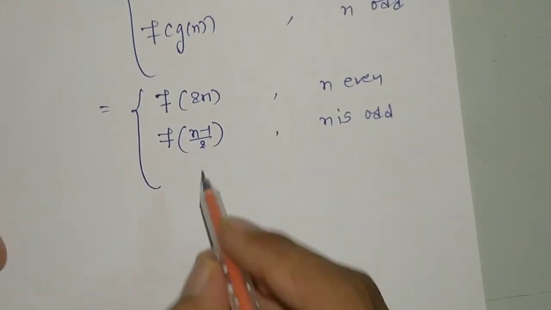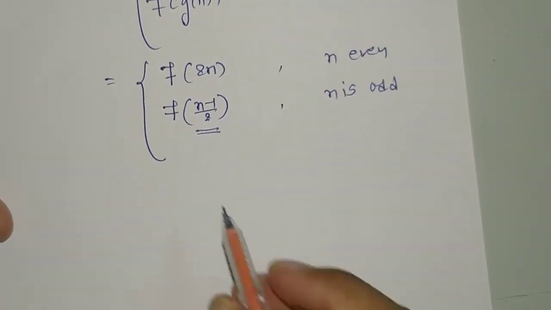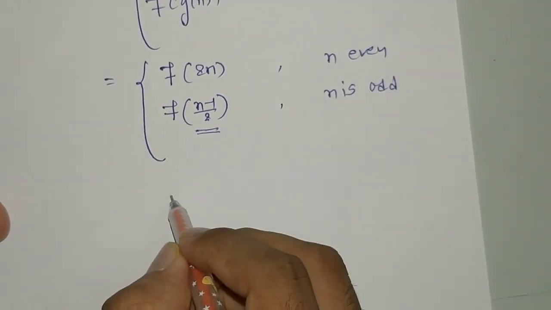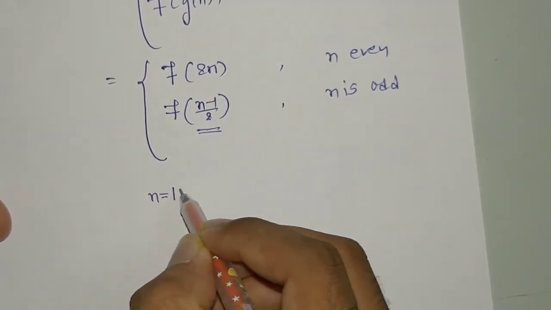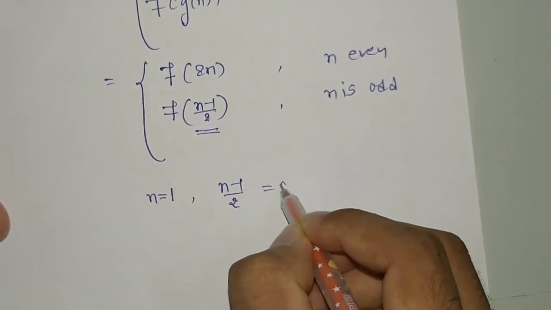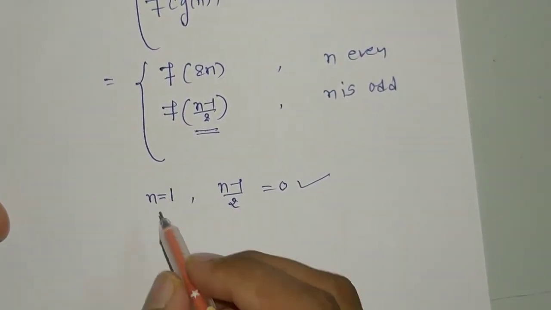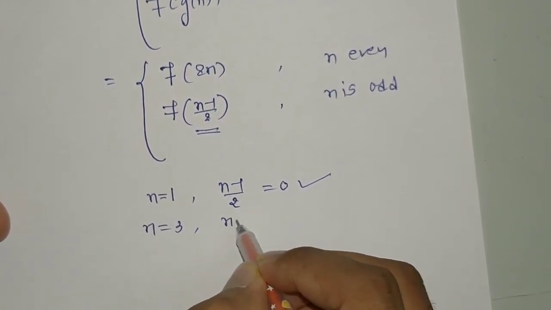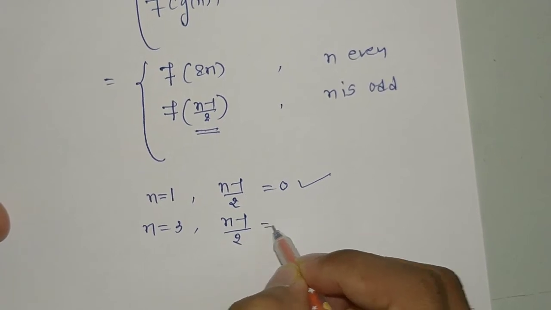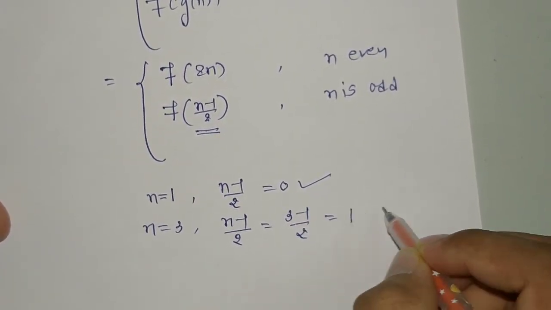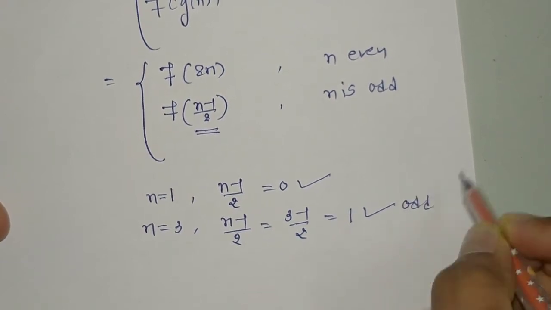Okay, now is n minus 1 by 2 odd? Let's put some values as n is odd. If you put n equals 1, n minus 1 by 2 becomes 0, which is even. If you put n equals 3, we'll get n minus 1 by 2 equals 3 minus 1 by 2, that is 1, that is odd.